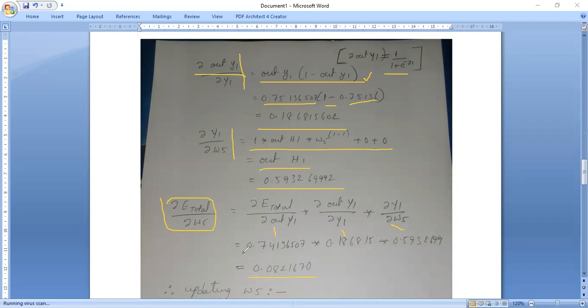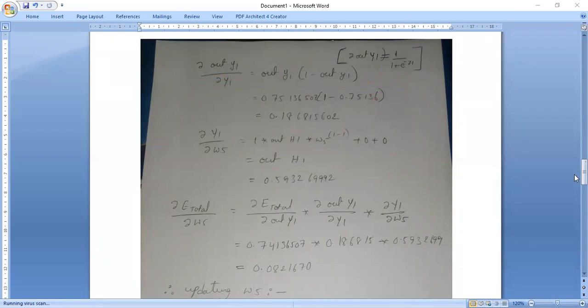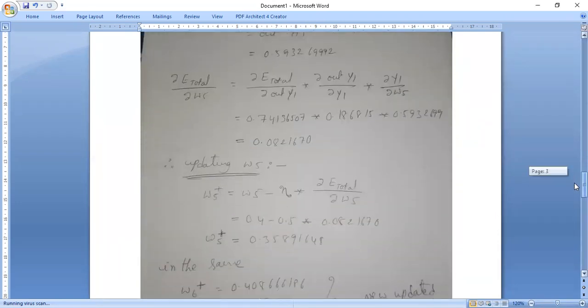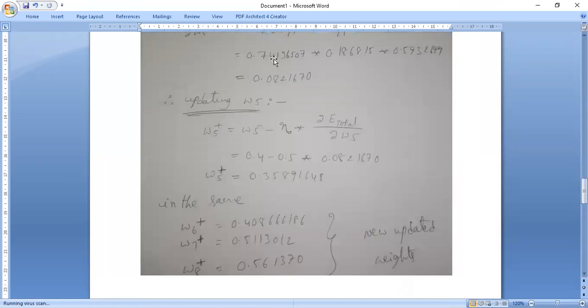Right? Now, after calculating this, here we are going to update the W5 value. For this, we have one formula. What is it? Updating the weight of W5: W5 plus equals old value of W5 minus eta, the learning rate, into the same ∂E total by ∂W5.